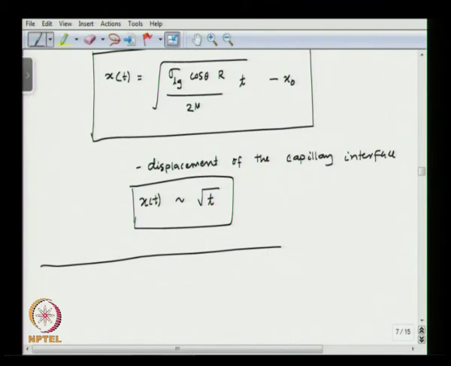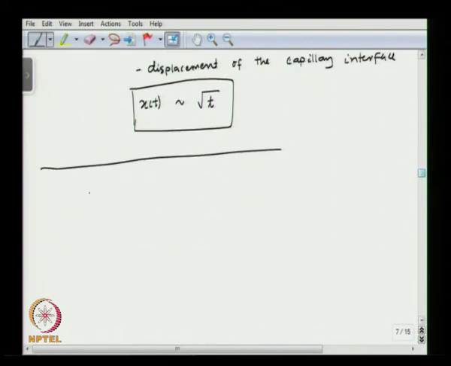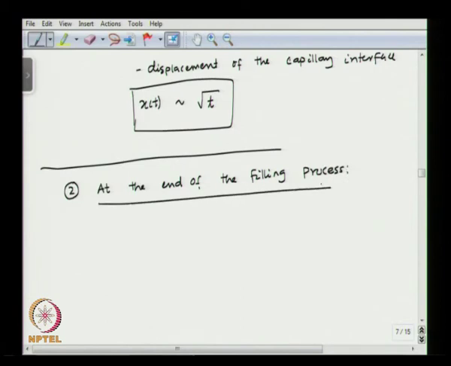So, next we look at what happens at the end of the filling process. At the end of the filling process, since the liquid column is going to slow down and the driving force, which is the surface tension force, is going to die down, the inertia and the surface tension forces are going to be negligible.